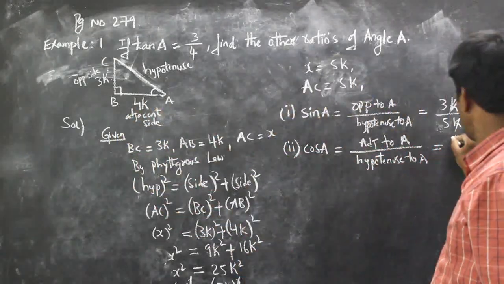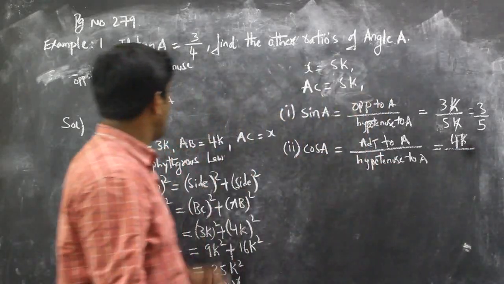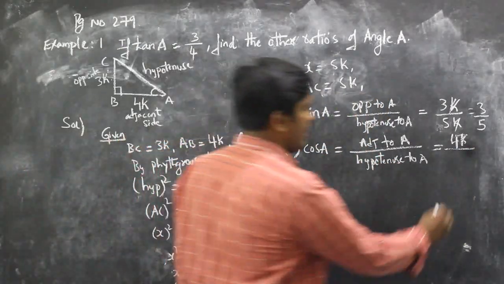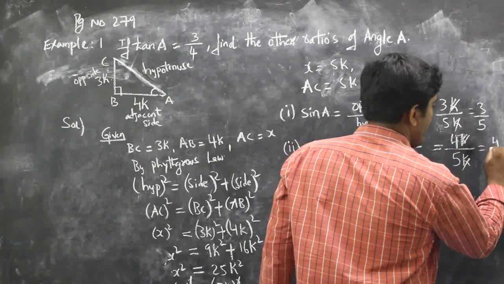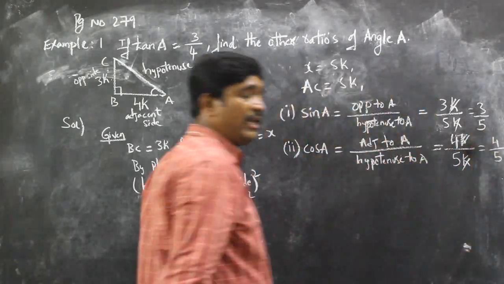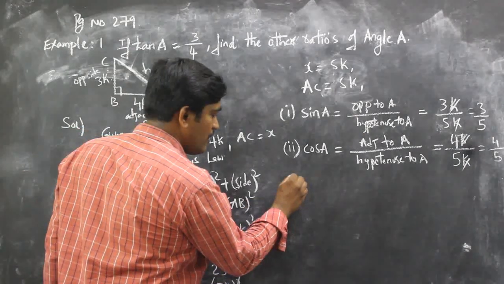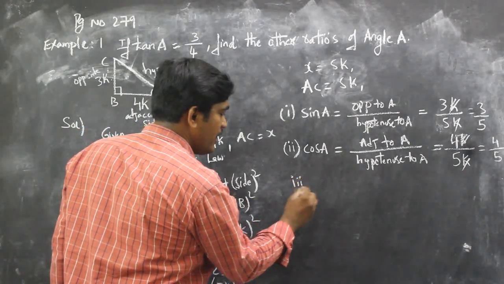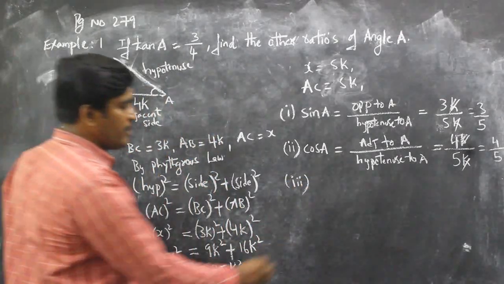AB value is nothing but 4K by, what is hypotenuse to A? AC. AC is nothing but 5K. Again 5K gets cancelled. We have the value as 4 by 5. Now here already tan is given. Now what is the next one?